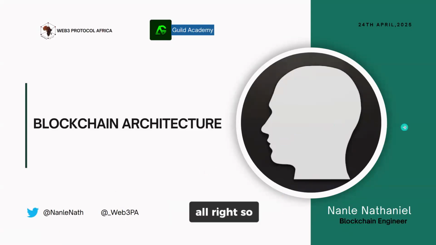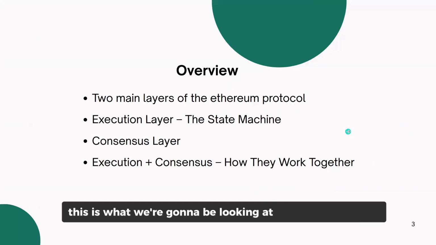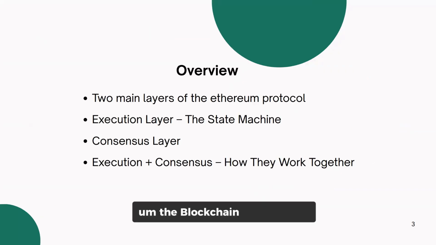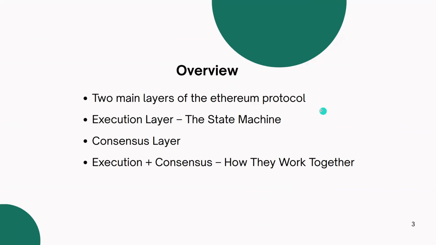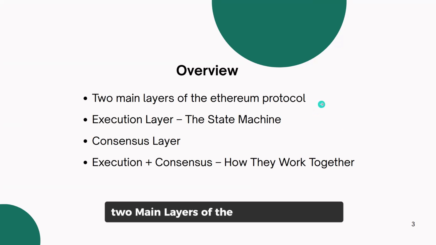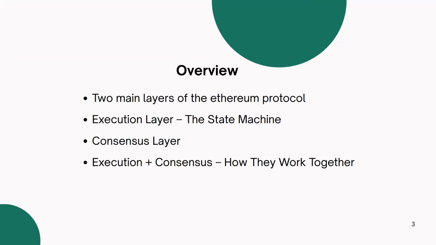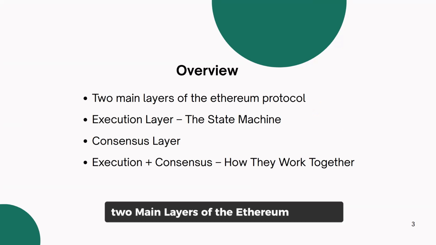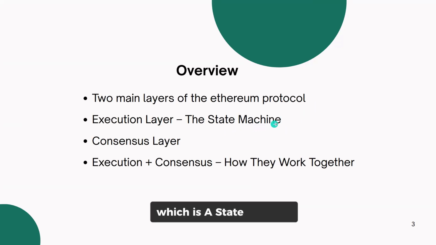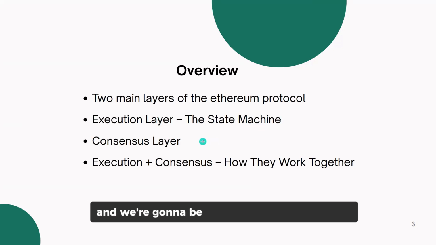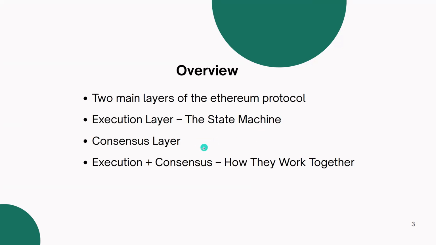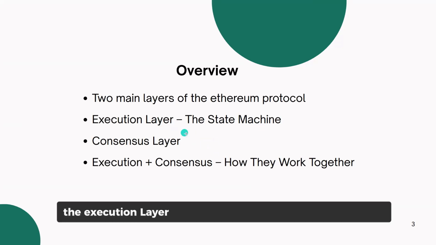All right, so this is what we're going to be looking at today regarding the blockchain architecture: the two main layers of the Ethereum protocol. We're going to be looking at the execution layer, which is the state machine, and the consensus layer, and how the execution layer and the consensus layer work together.